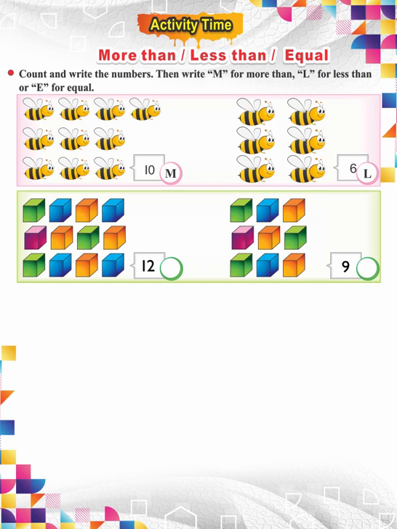Hence, write M for more than in the left box and write L in the right box for less than.